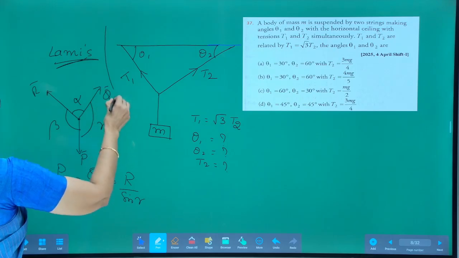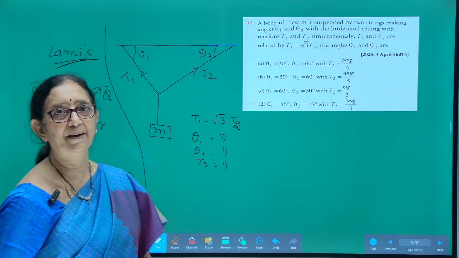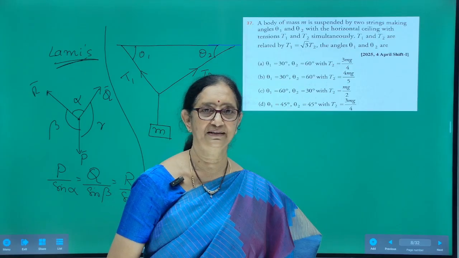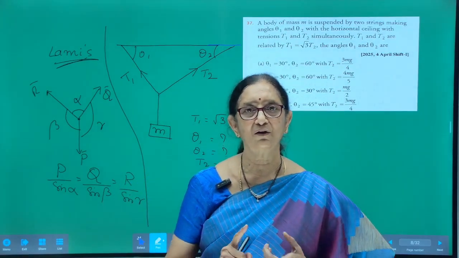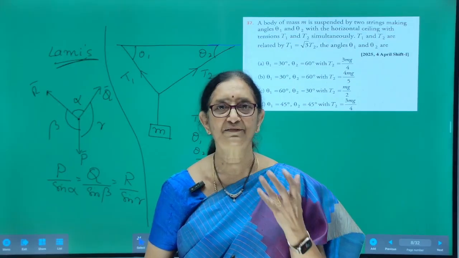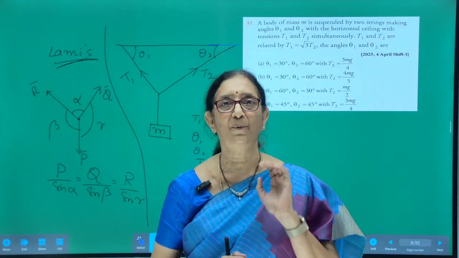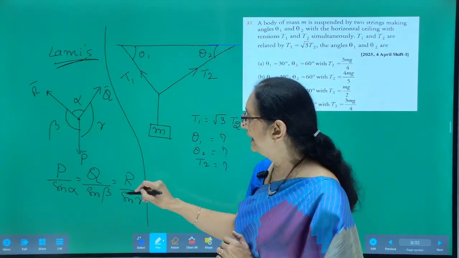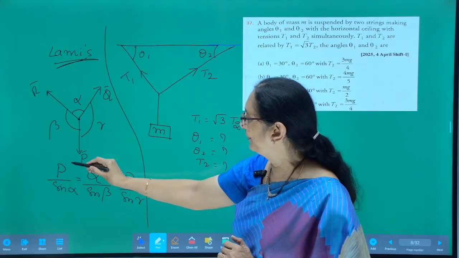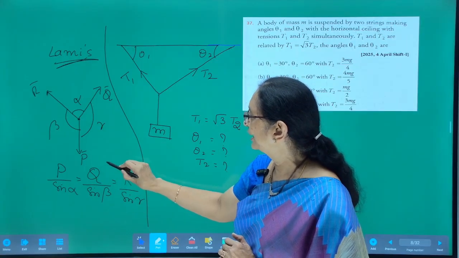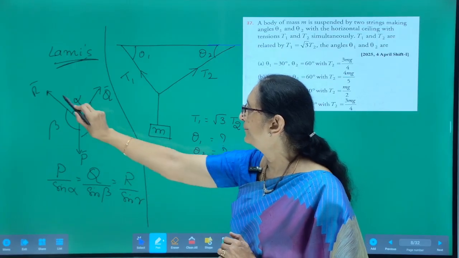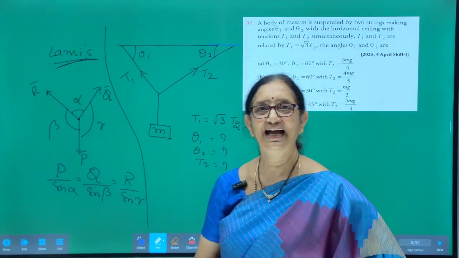This is Lami's theorem derived from the triangle law of vectors. When three concurrent forces, that means forces simultaneously acting on a point, keep that point in equilibrium, then from this diagram, P by sin of opposite angle, Q by sin of opposite angle, R by sin of opposite angle.